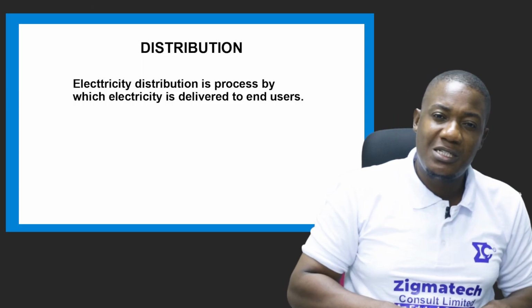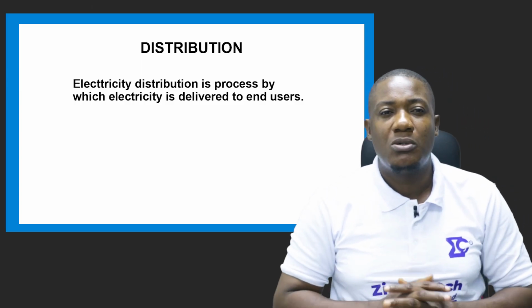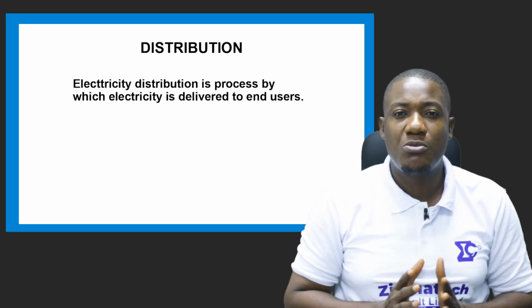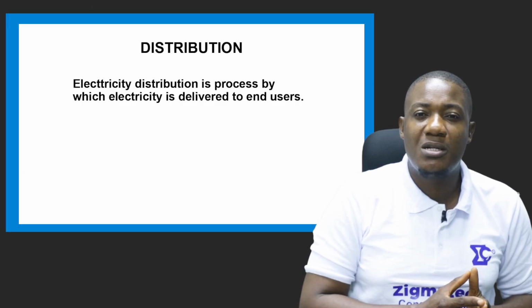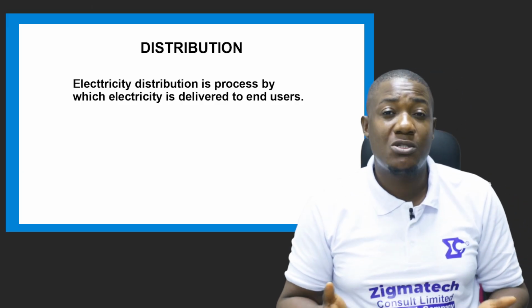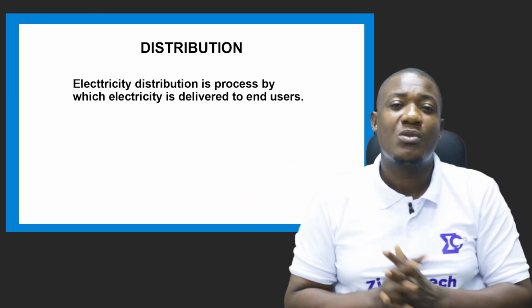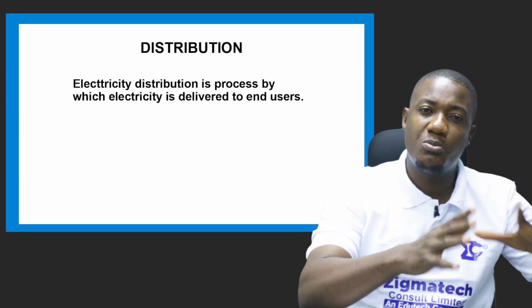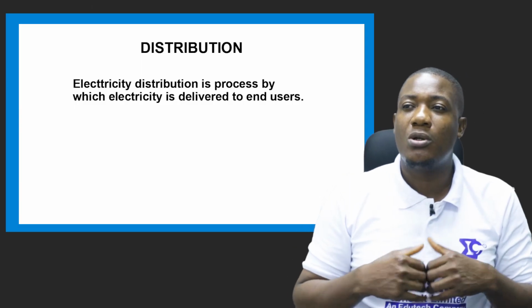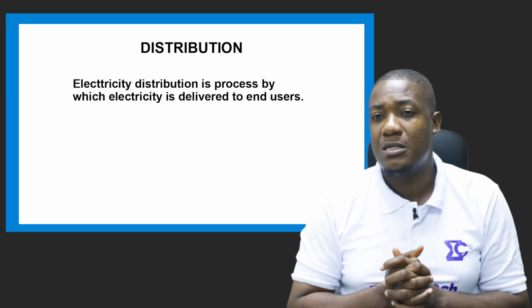It can be stepped down depending on location, depending on the people that are consuming the electricity. It can be stepped down to 33,000 volts, or 132,000 volts, depending. That one is supplied directly to the industries, to companies, or factories, because they need high voltage to power their plants.